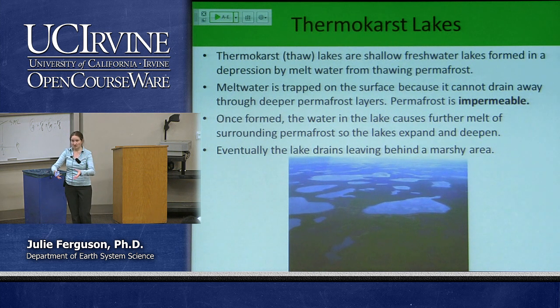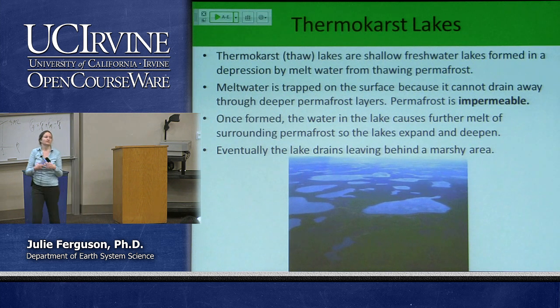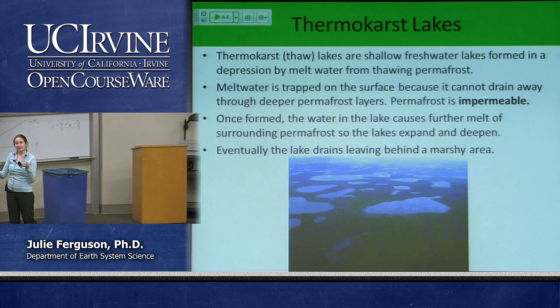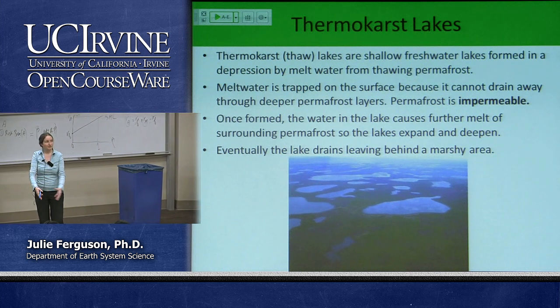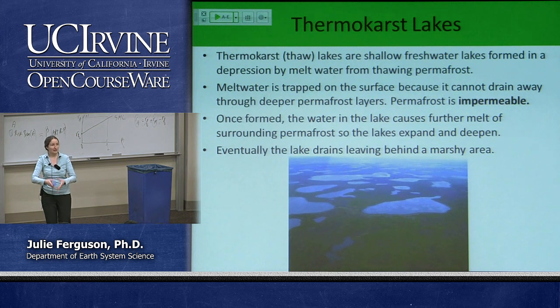So that fresh water can't go anywhere, it's trapped at the surface. And what happens is you get more and more of this meltwater around until those lakes can join together, and then they sometimes flow or merge. Or eventually, you warm up your lake, and that manages to thaw its way through the permafrost, especially where it's thin enough, and then that can drain into that unfrozen ground underneath.